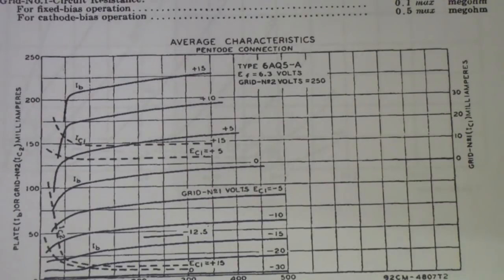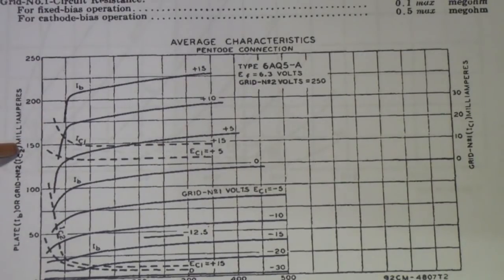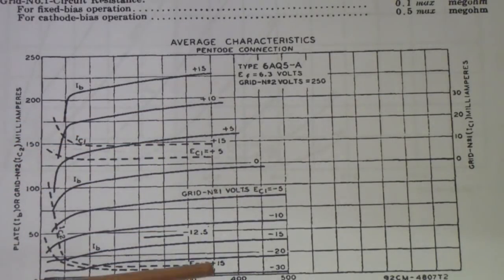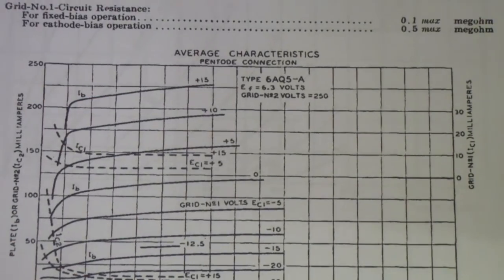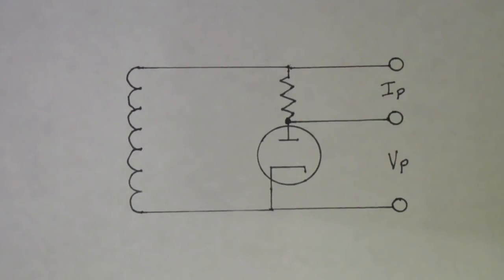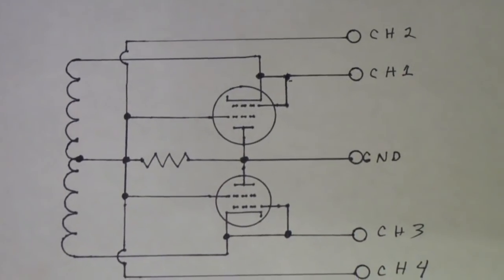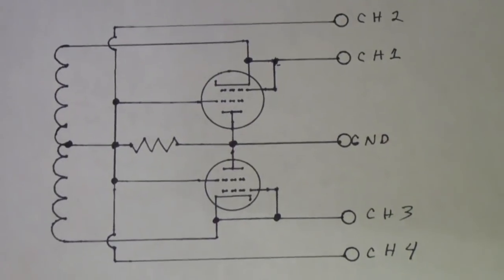I show one of those in the Analog Discovery Curve Tracer video, but it's only a 5-volt stepper, so it's not really appropriate for vacuum tubes. You'd have to either amplify that signal or provide a different circuit. So that is the basic idea of what we're trying to accomplish here.